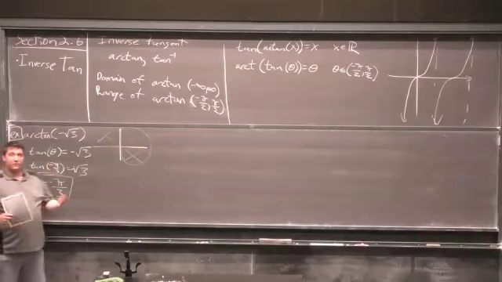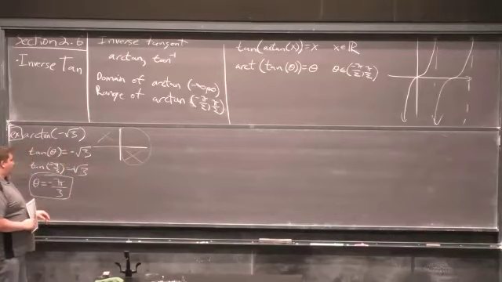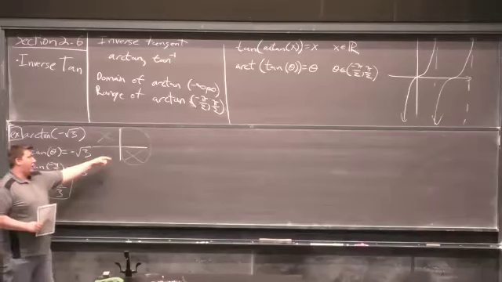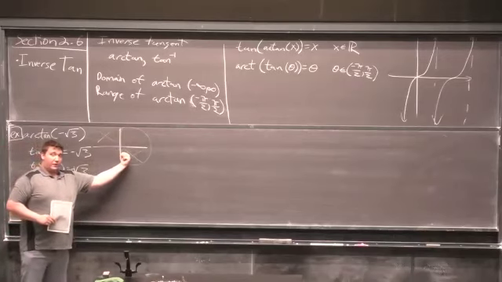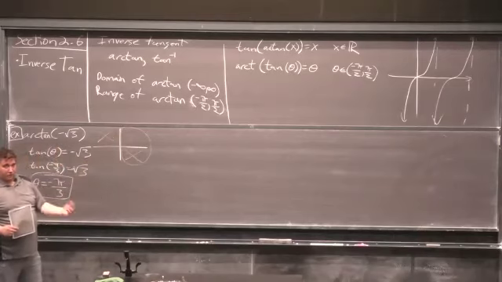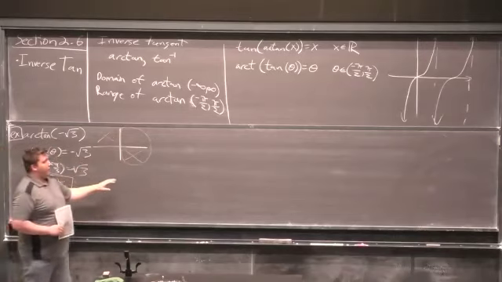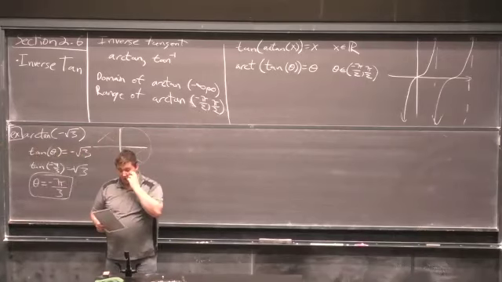However best you can find this on the unit circle, if you knew that 5 pi over 3 was the correct answer going counterclockwise, we can simply subtract 2 pi, or 6 pi over 3, and then we get our negative pi over 3, as we want to hit our target in the range of arctangent.